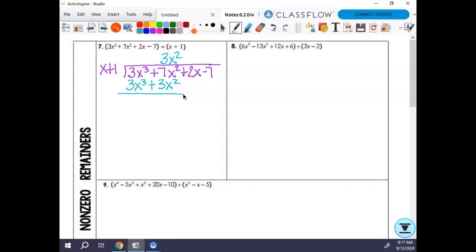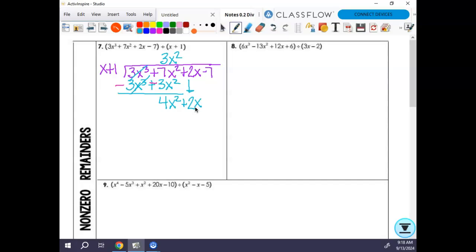Then what do we do? Change the signs on the second row. So then these zero out, and 7x squared minus 3x squared is 4x squared. And I bring down my positive 2x.